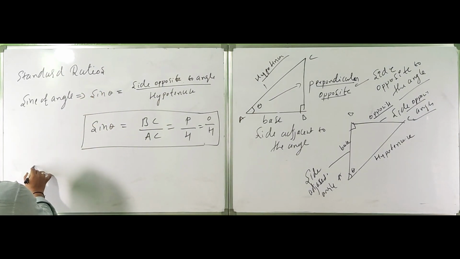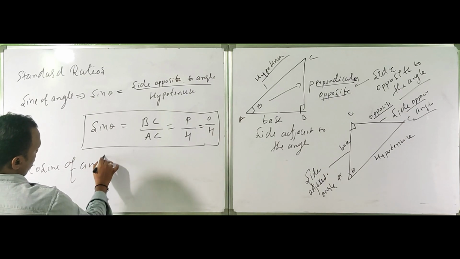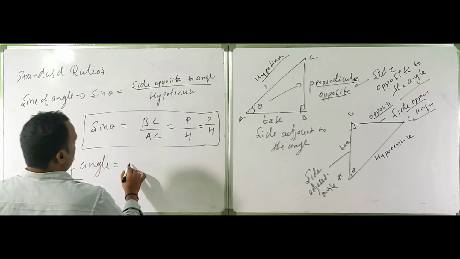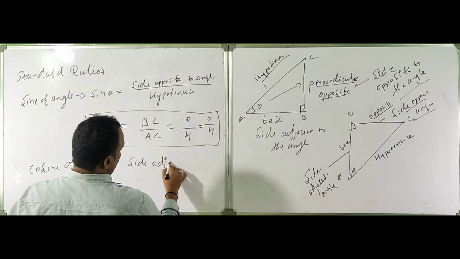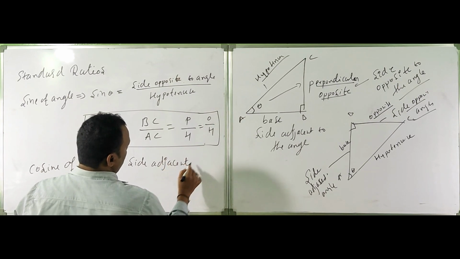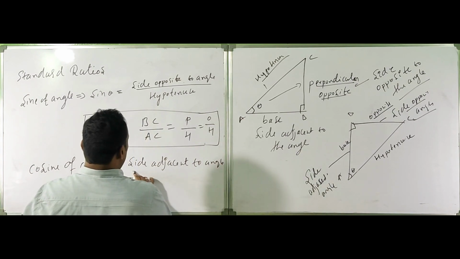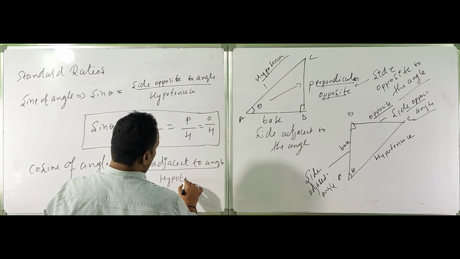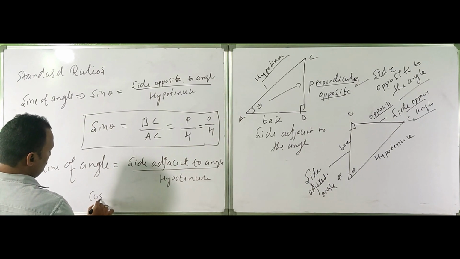Similarly, cosine theta. The cosine of the angle is referred to as the side adjacent to the angle divided by the hypotenuse, written as cos theta.